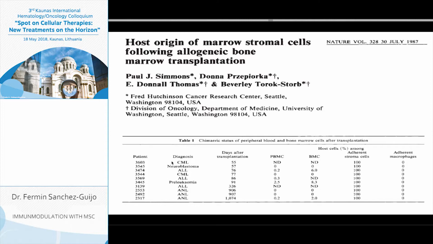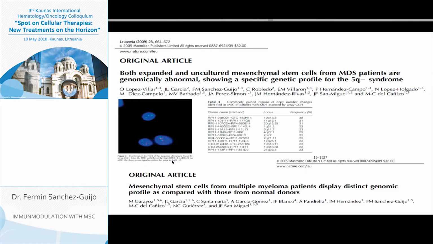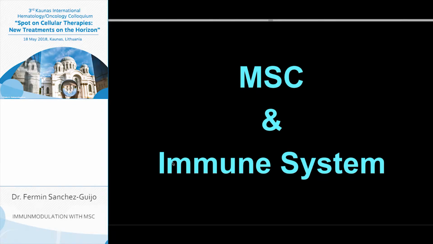So the first idea is that if we want to use mesenchymal stromal cells for an allogeneic stem cell transplant recipient, we have to use allogeneic cells from a normal healthy donor, because we cannot use the autologous product because it has genomic aberrations.